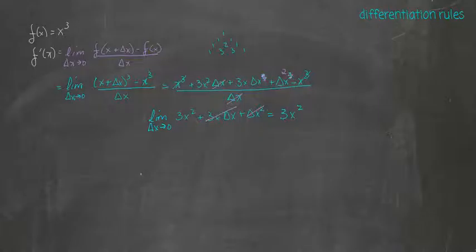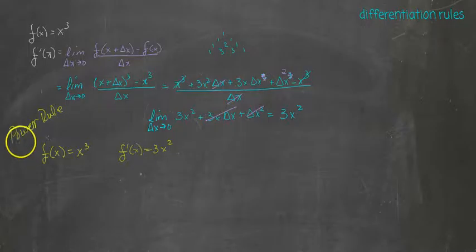And it turns out that there's a great shortcut for this kind of derivative. Let's write them down below. I'm going to start with the function f of x equals x cubed, and then the derivative is 3x squared. So there's a really cool shortcut that you can do with power functions. It's called the power rule for derivatives.